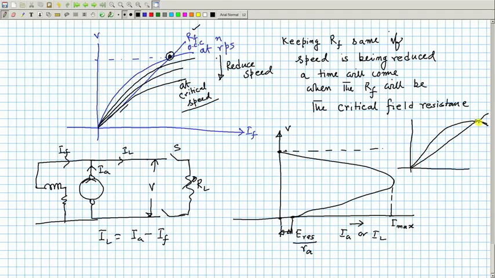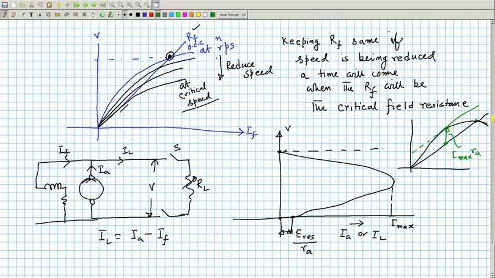Last time I discussed what you do, you draw a line parallel to this line here, so that this will be your I max into RA.